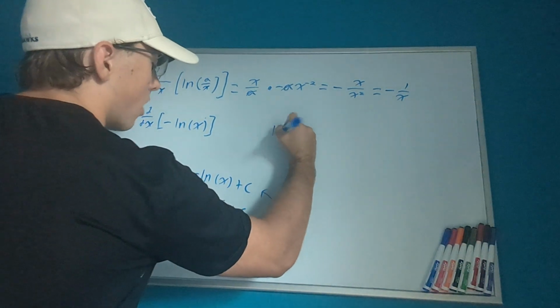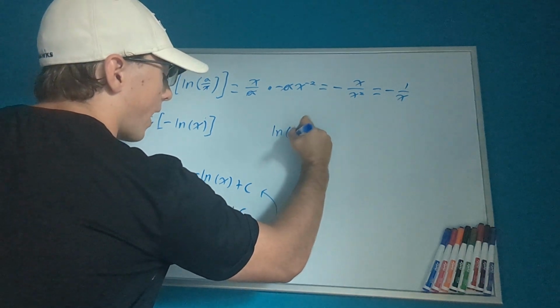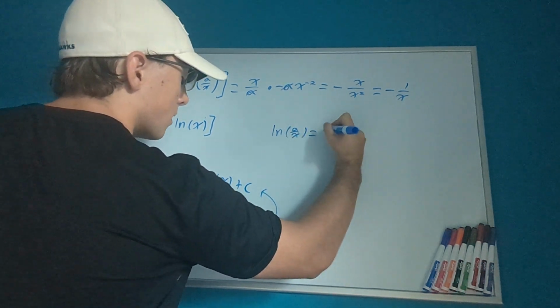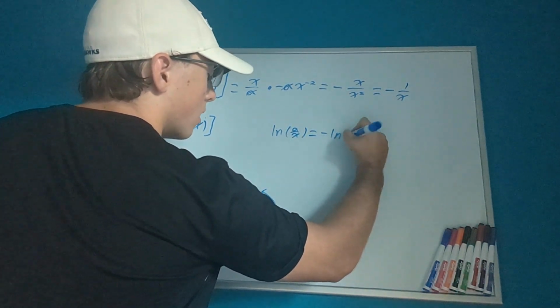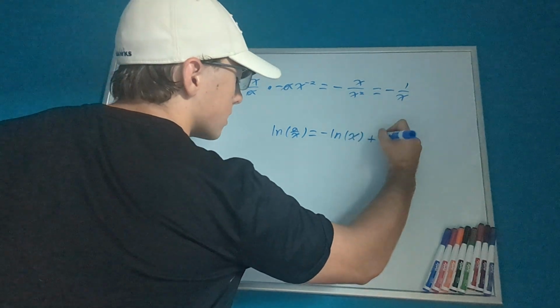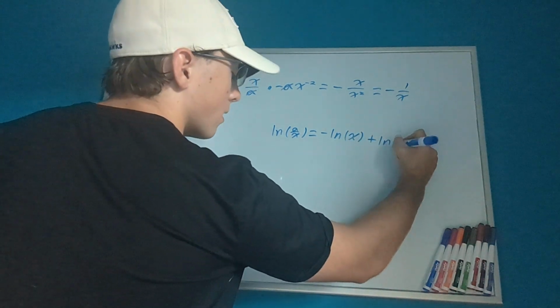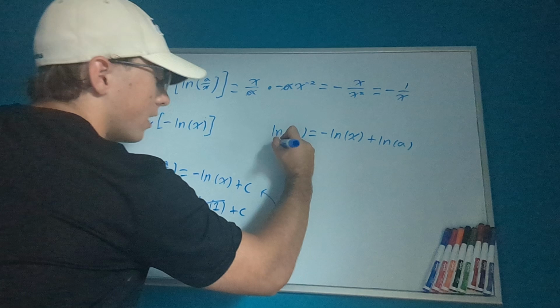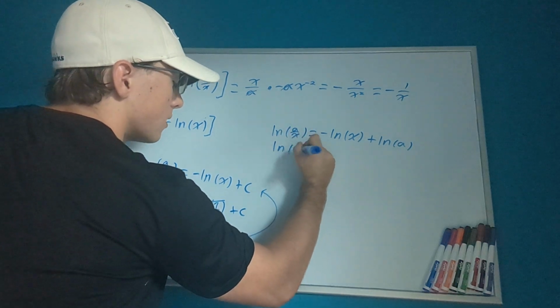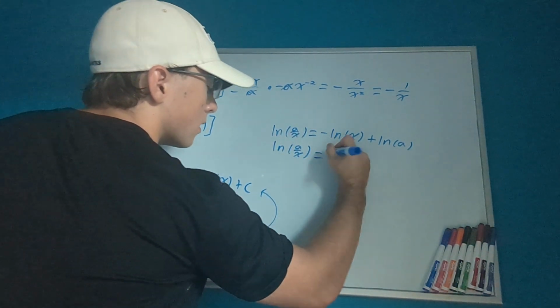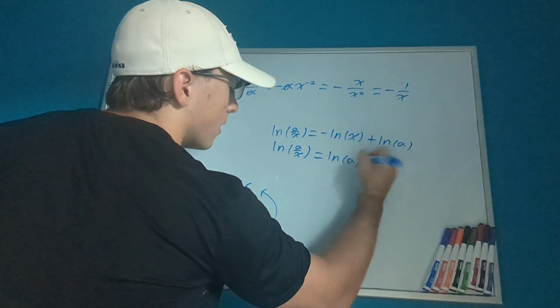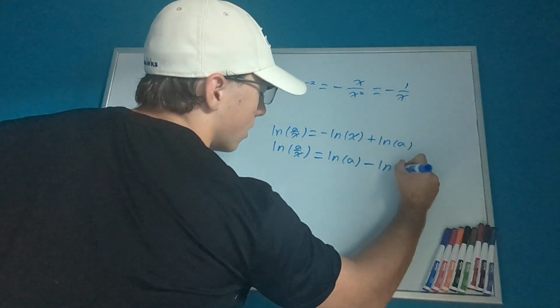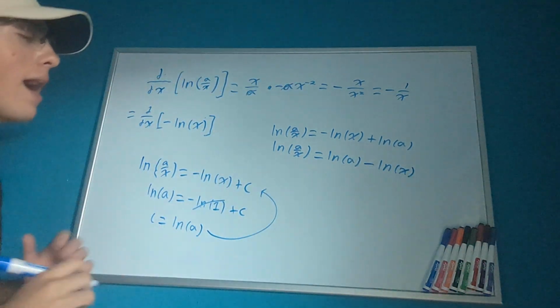We get the natural log of a over x equals negative natural log of x plus natural log of a, and we can just rearrange this to get natural log of a minus natural log of x. And there we have our quotient rule.